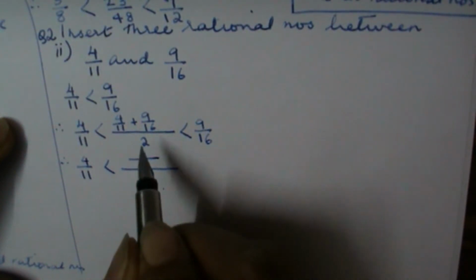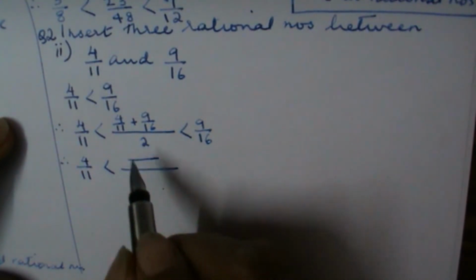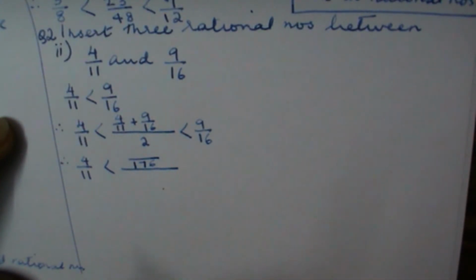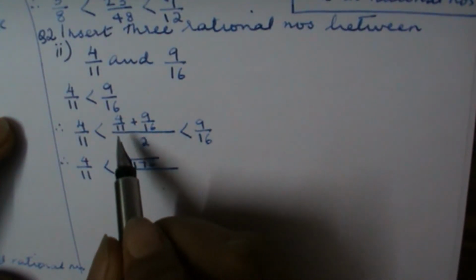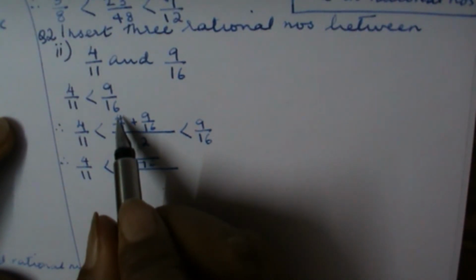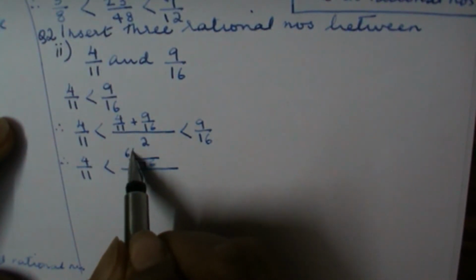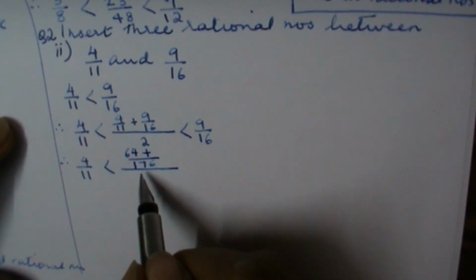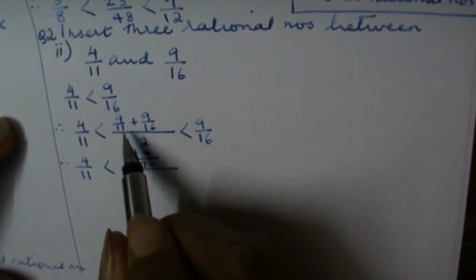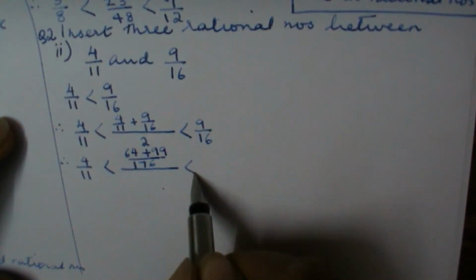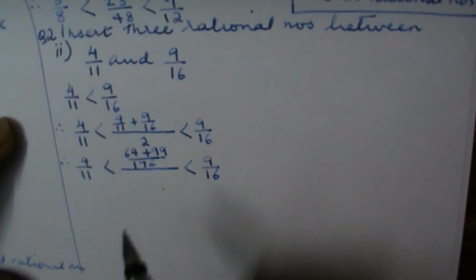Now LCM of 16 and 11 you will have to multiply, so that gives you 176. And then I will have 11 goes 16 times in 176. So numerator also will get multiplied by 16, so that becomes 64, 16 4's 64, plus 16 obviously goes 11 times here, so 11 will multiply here, give you 99, and less than 9 upon 16, and this whole thing is upon 2.